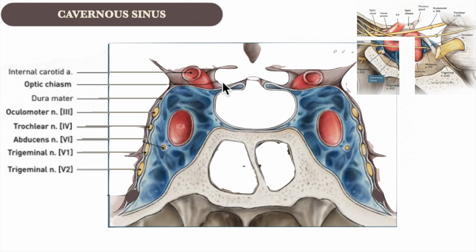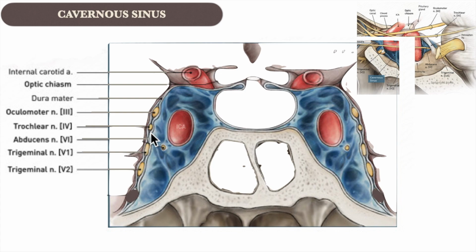Then anteriorly it is related with the optic chiasma, then the optic tract, and the important relation is on its lateral wall. So laterally, from above downwards, or from superior to inferior, what structures are related with the cavernous sinus? In the lateral wall, first the oculomotor nerve, then the trochlear nerve, then the first and second divisions of the trigeminal nerve.